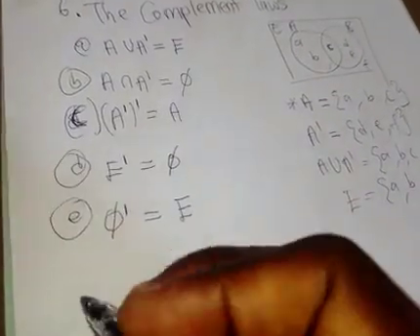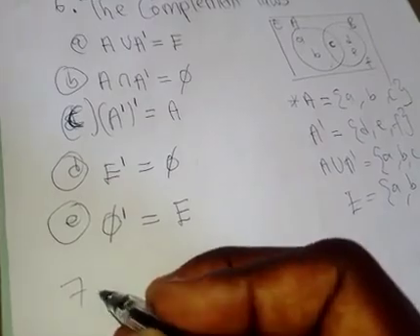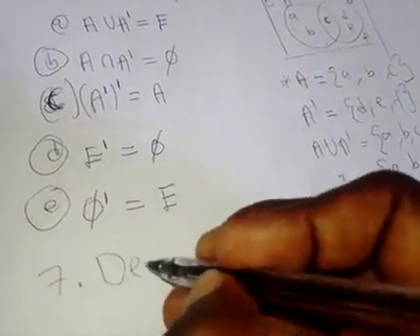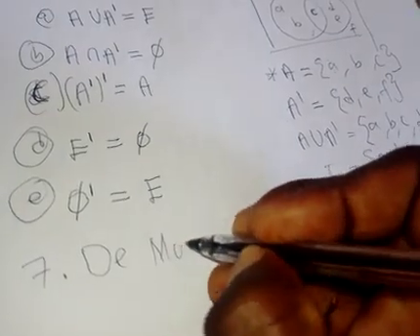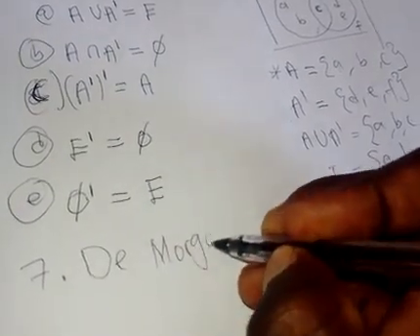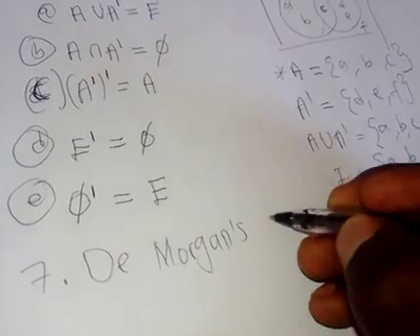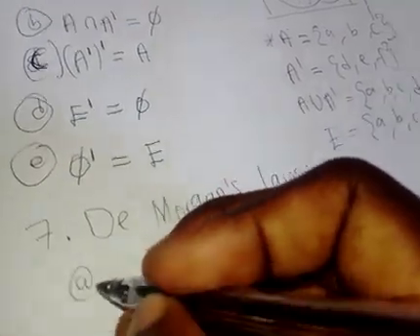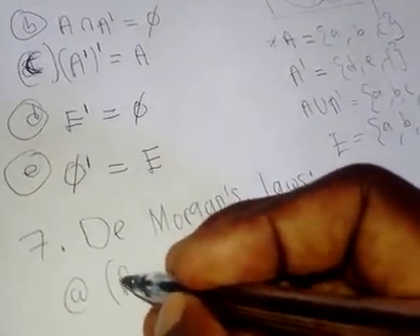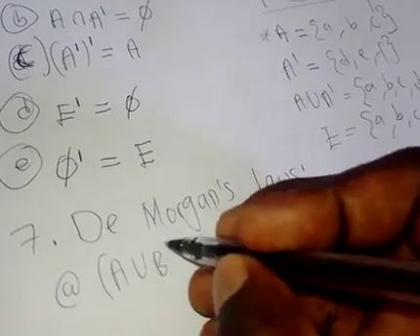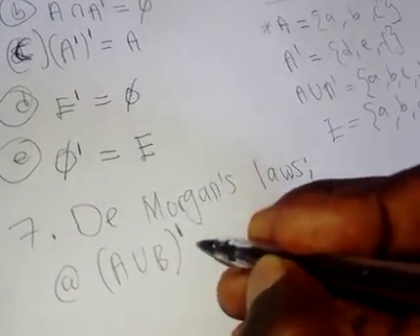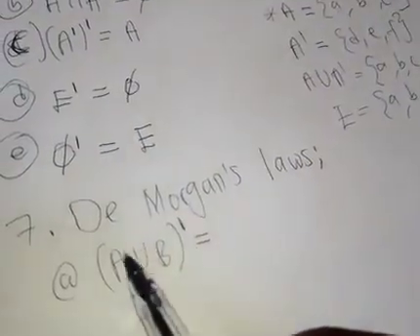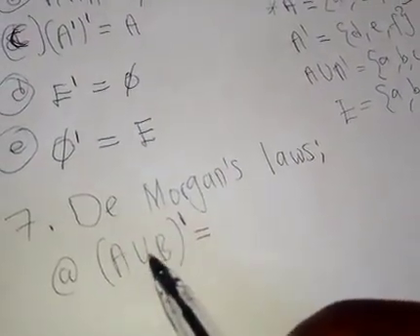Okay. Then number 7, we have what we call De Morgan's laws. Let's say we have the complement of A union B. When the complement is distributed to A and B, the sign changes.